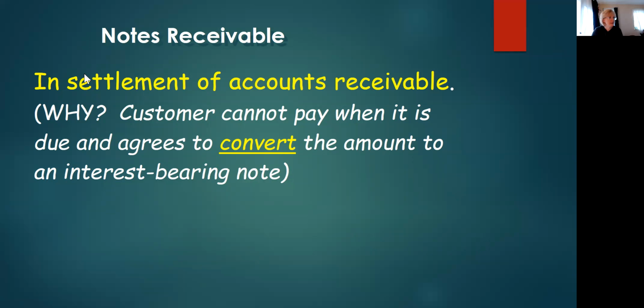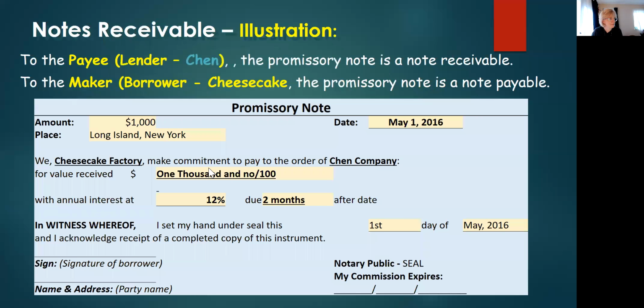So as I said, sometimes we convert an accounts receivable into a note. Let's say in this example that we just did, Cheesecake said, we can't afford to pay our bill, but we can afford it in a few months and we'll pay it back at 12%.